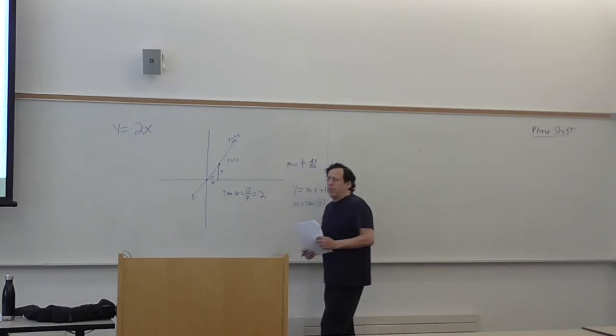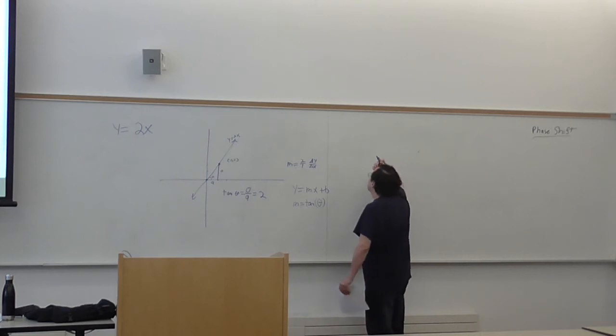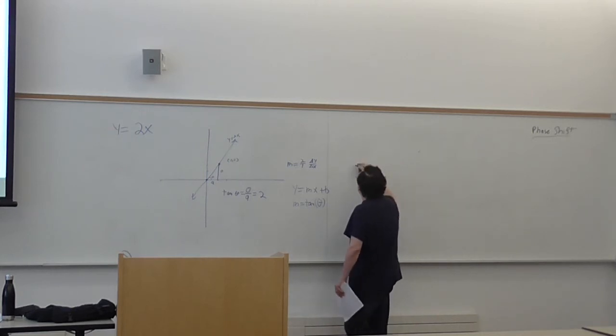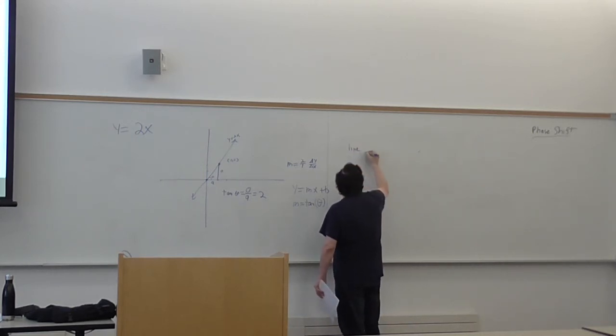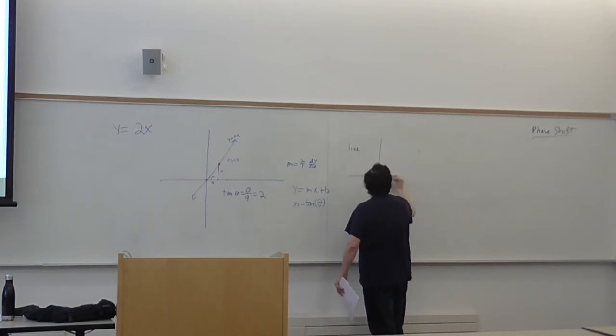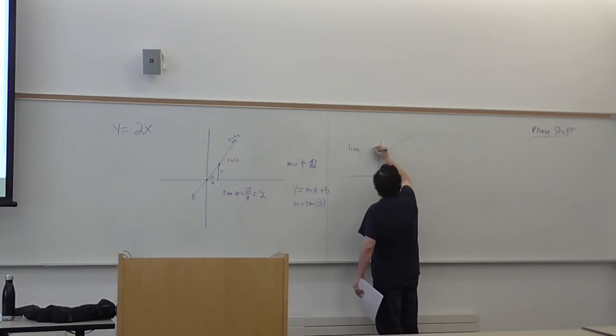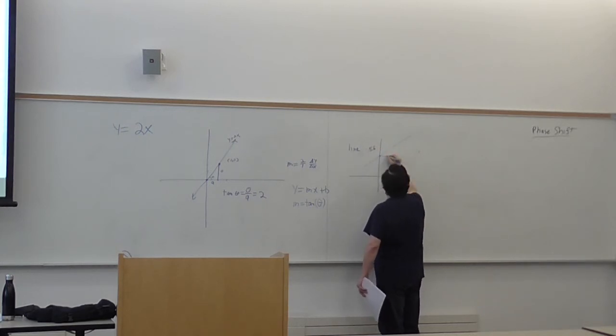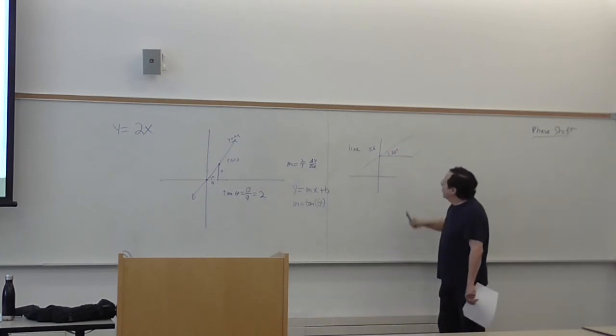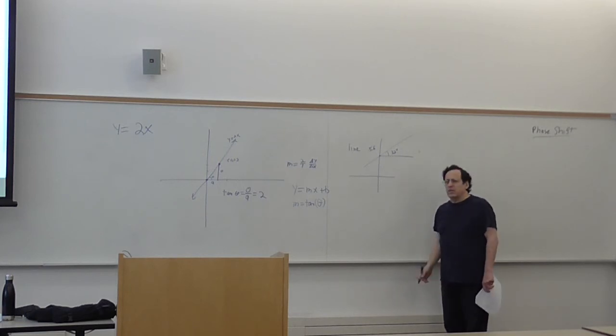So if I gave you a problem, I have a line that goes through some weird point, say 5, 6, and it has an angle of 32 degrees. What's the equation of that line?